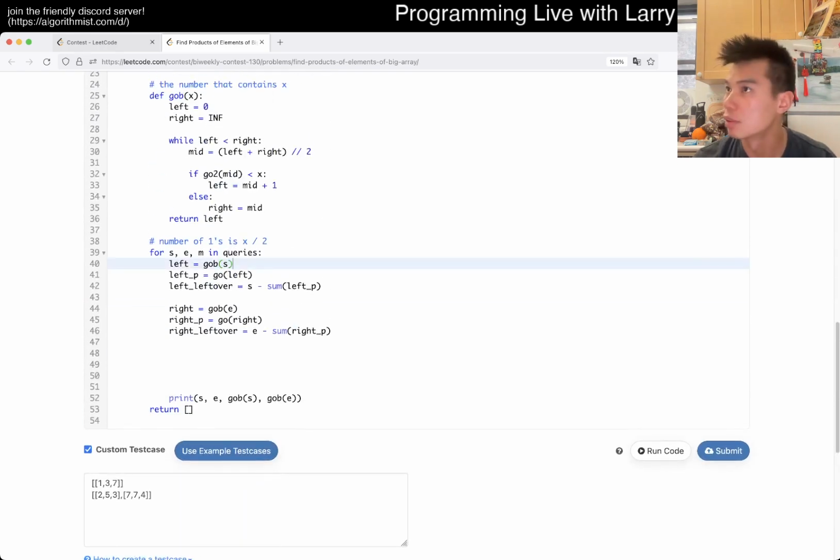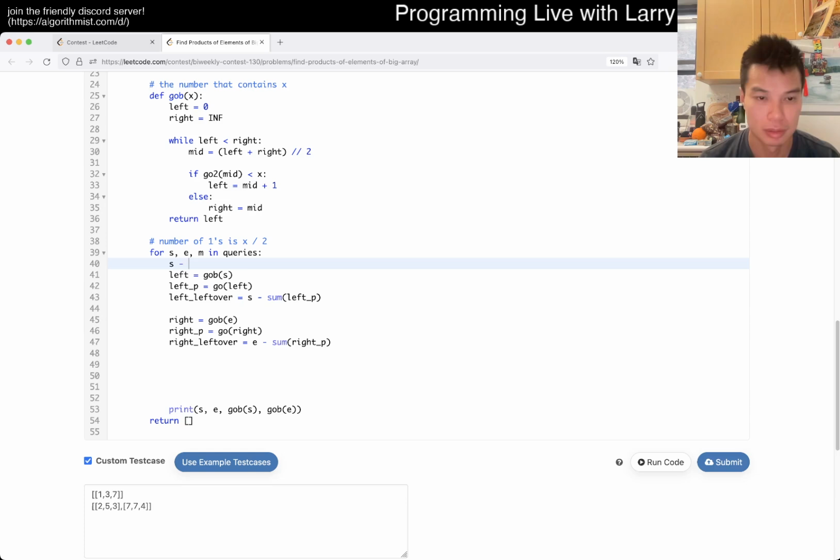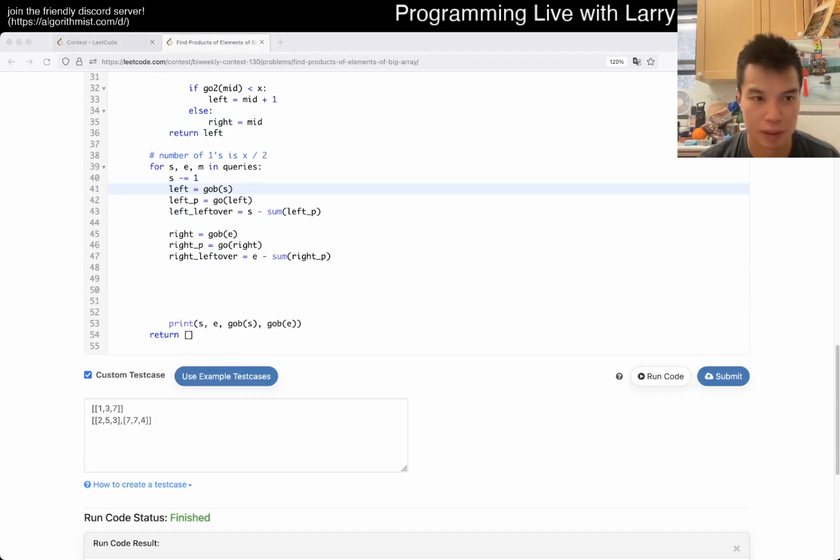Because we definitely do want to remove 1 digit from the leftover to be not included in this thing, right? So, okay. I don't know if this messed me up, to be honest. It may, because everything assumes 0 indexed. But, alright.